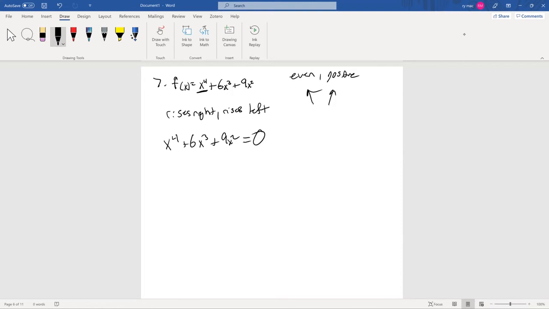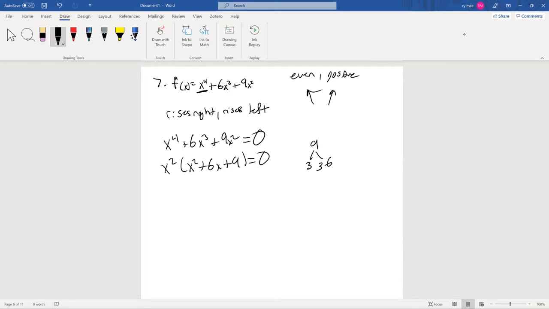First thing I'm going to do is pull out what they all have in common, which ends up being an x squared. So x squared parentheses x squared plus 6x plus 9. Now you can do the same thing again, where you look for something that multiplies to 9 that adds to 6. That ends up being 3 and 3.